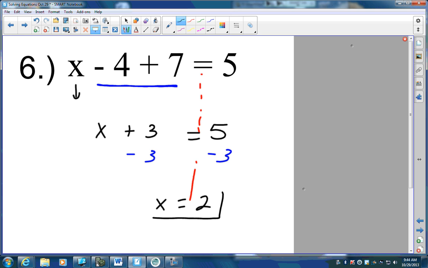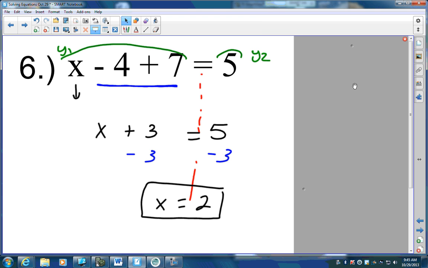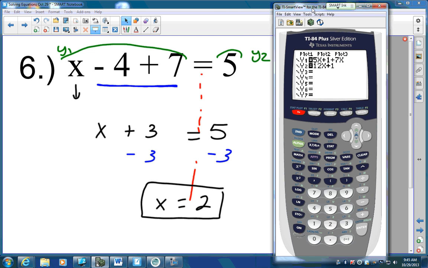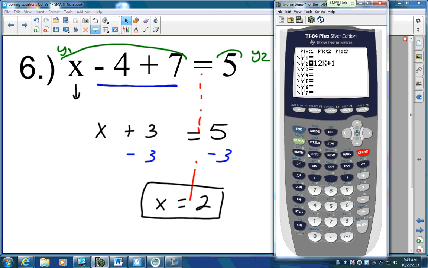X equals 2. Now let's remember on solving equations how you're supposed to check. You're supposed to put the left-hand side into y1, right-hand side into y2. Okay, so let me grab my handy-dandy calculator. And let's put in there x minus 4 plus 7.